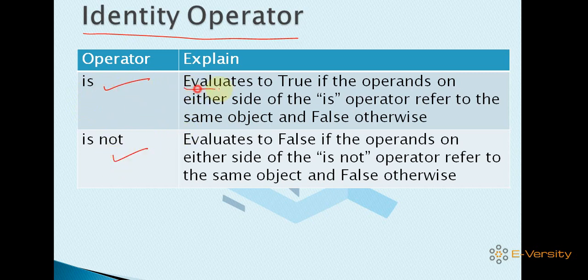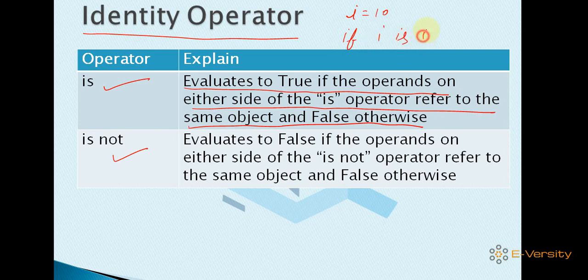The is operator evaluates to true if the operands on either side of it refer to the same object, or false otherwise. Suppose there is a variable i = 10, and I am checking whether i is int. What does it mean?